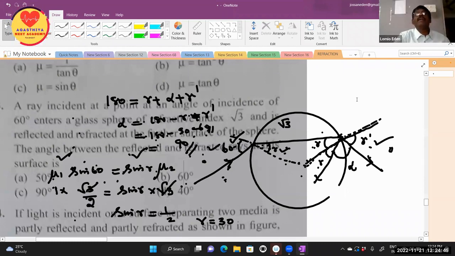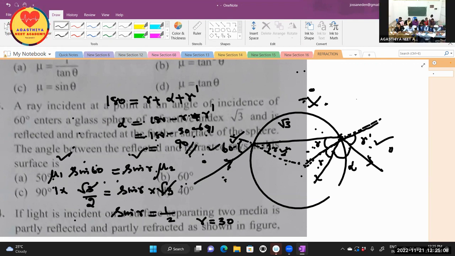180 minus R minus R dash. R is 30 degree. R dash is 60 degree. Therefore, 180 minus 90, therefore 90. This is a very important problem. Inside the surface only, the phenomenon of reflection and refraction takes place.